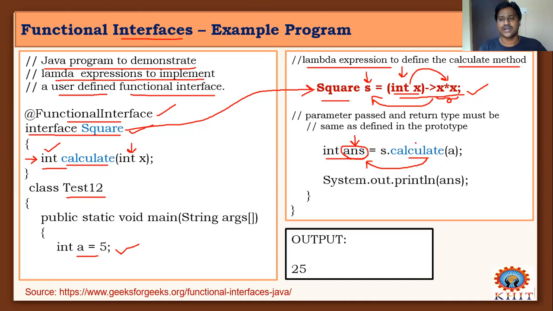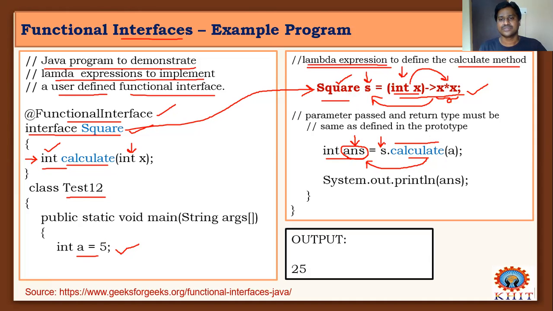And how can this calculate method be invoked? Here the method is invoked through the reference variable of this Square interface. As it is allowed, s can call this method, which is not defined in the interface, but here the method is defined as a lambda expression in the class.